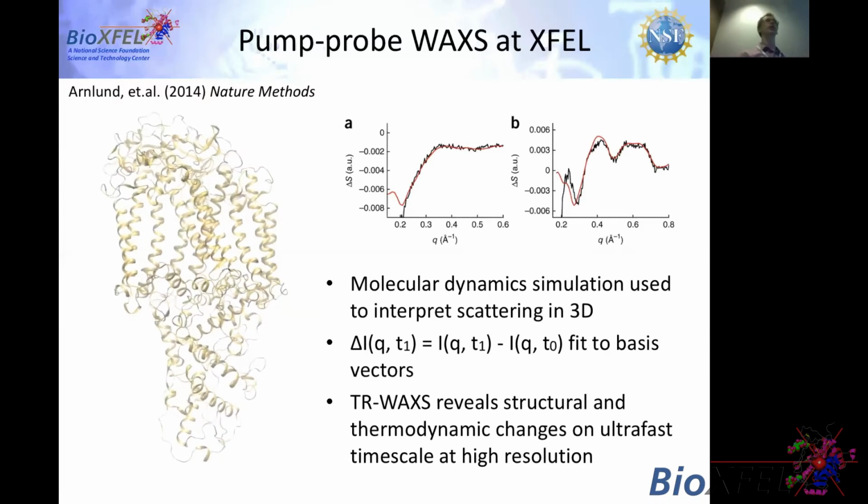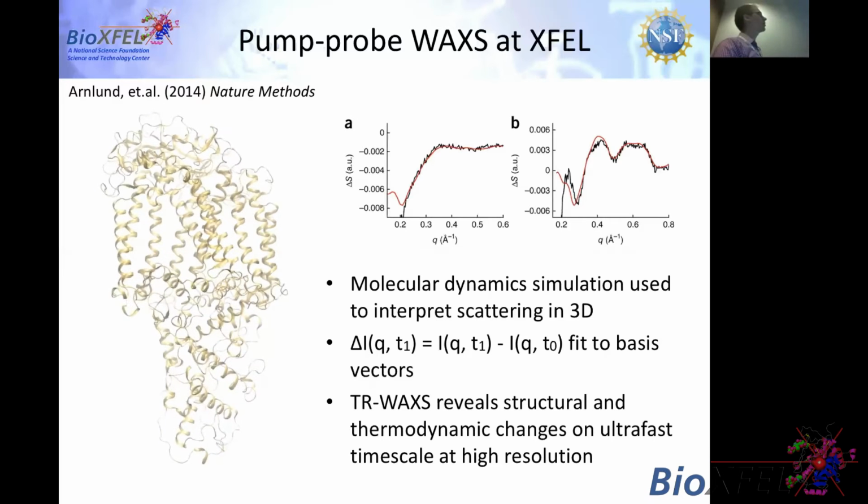Essentially, they take the calculated scattering at some time point in their molecular dynamics trajectory, subtract the time 0 calculated scattering, and fit it to their basis vectors. They're able to show that they agree very well with their experimental data. So they were able to reveal this structural and thermodynamic change at extremely high time resolution.